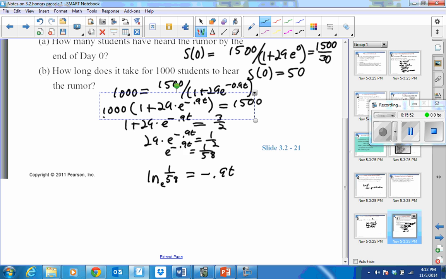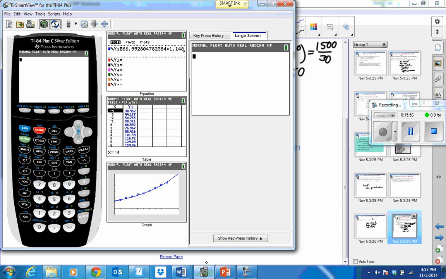So let's go ahead and calculate in our calculators the natural log of 1/58. So we're going to hit natural log of 1 divided by 58 equals, that's negative 4.06.